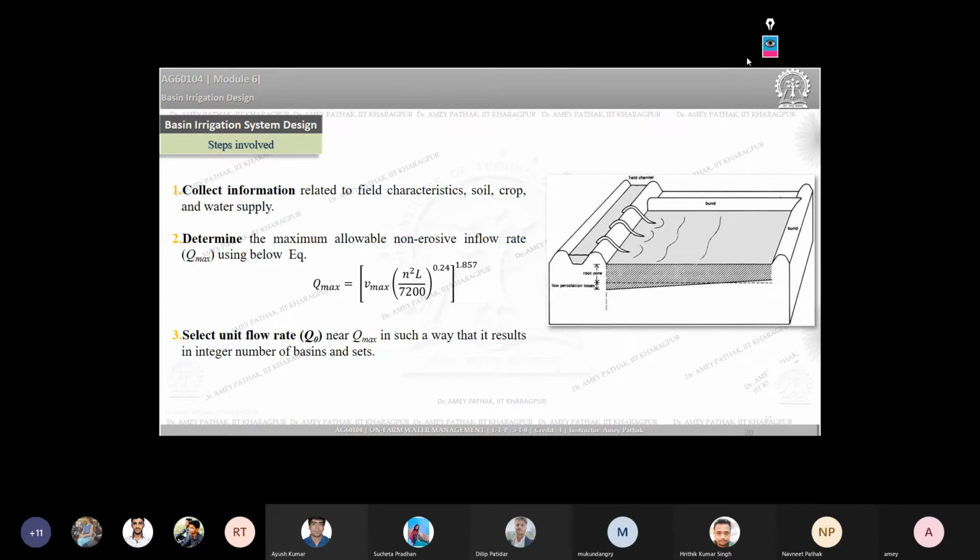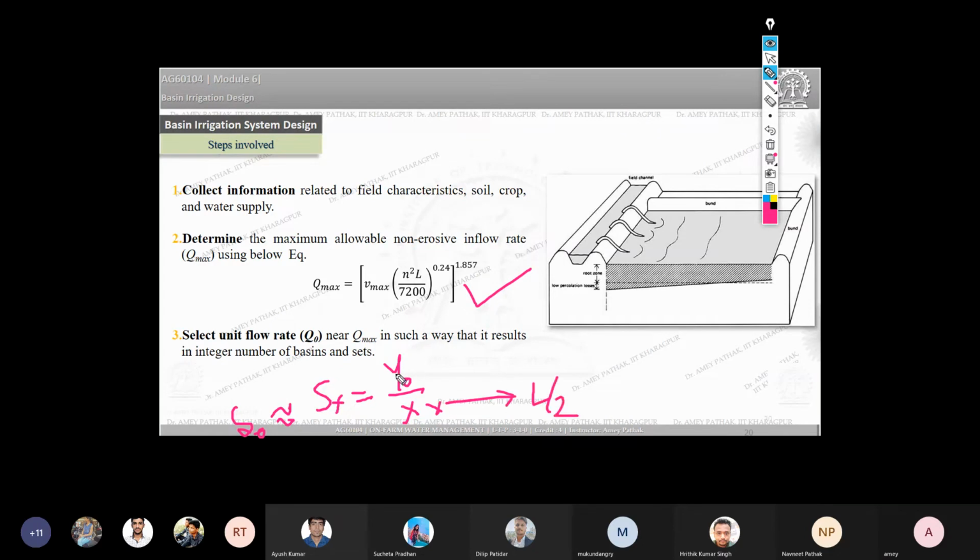This is an empirical equation derived from the formula that we have seen before in the case of border irrigation. Qmax is equal to Vmax n square L by 7200. Here 7200 comes because we say SF is equal to y naught by x, relating it with S naught, and here x we take as the average length, for example L by 2.